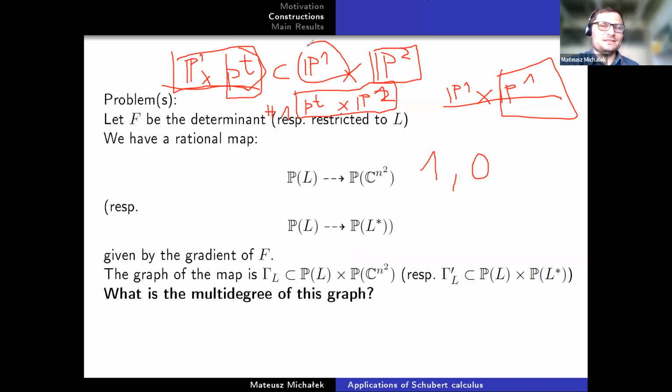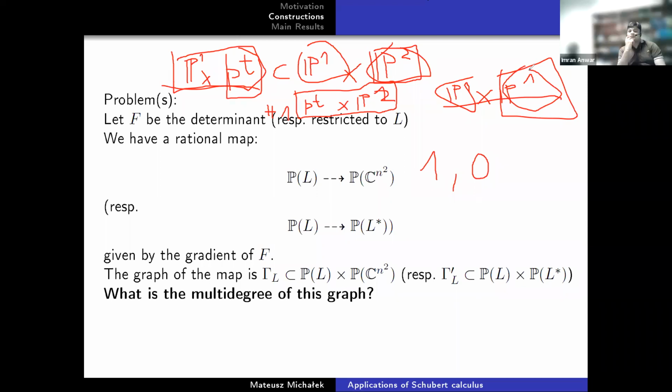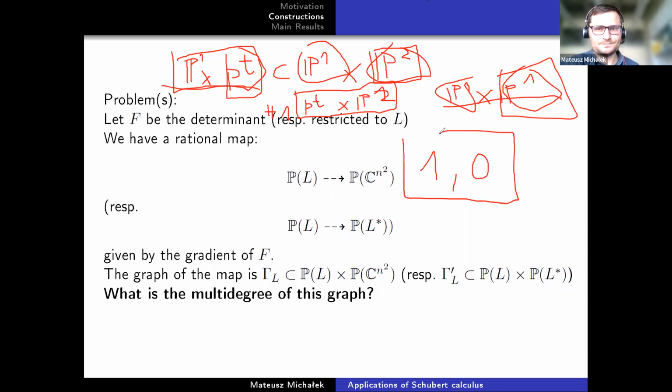The hyperplane in P1 is a point, and everything here. And then I take P1, everything on the first coordinate and the random hyperplane on the second. So if I fix a point in P2, and I take a general P1, they will not meet. So I will get an empty set.